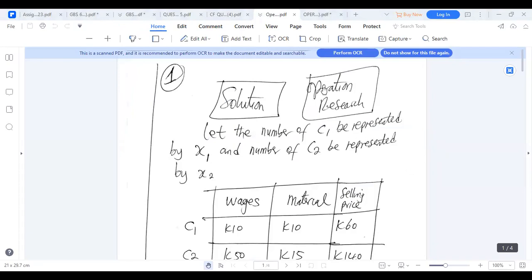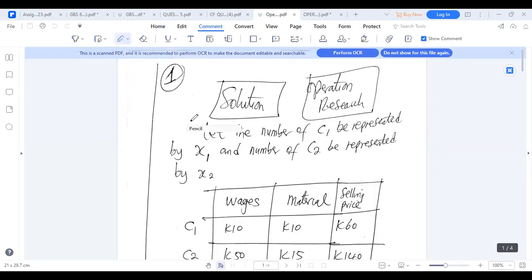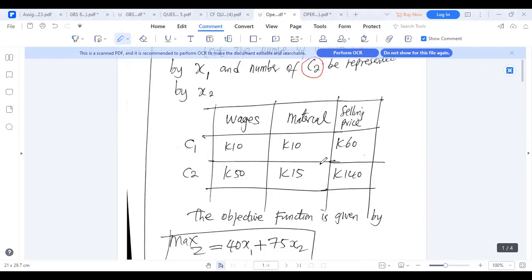We are simply saying, let the C1 be represented by X1 and the C2 be represented by X2. So in a starting point, we have the wages and material for these products.